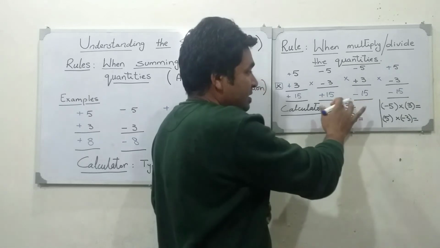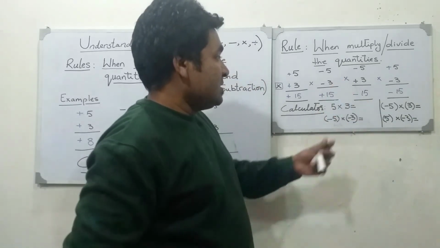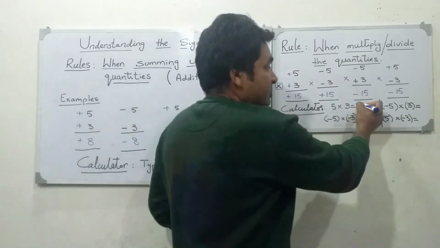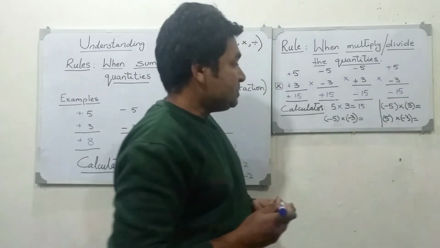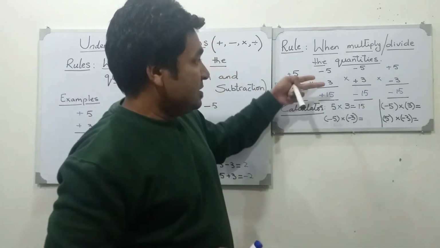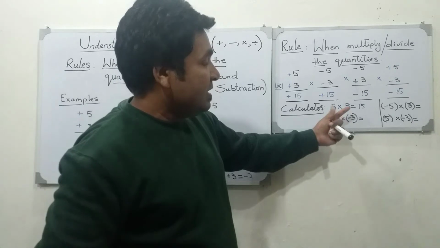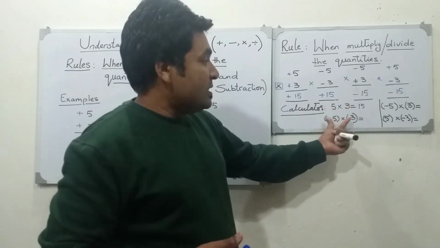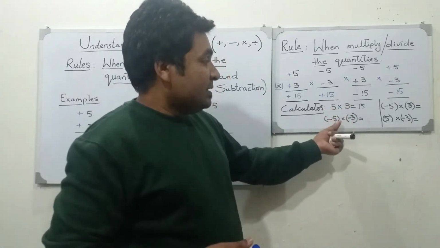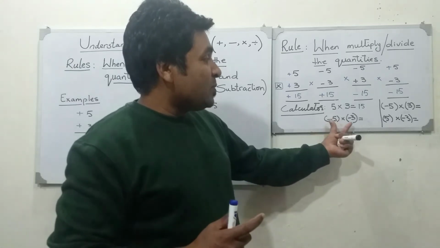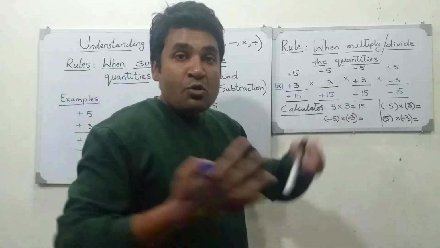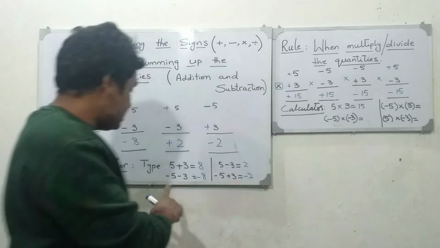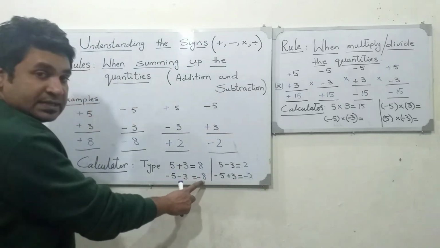It's up to you what you want to use. So 5 times 3 is 15. But when there are other signs, like these were positive, so we write them as they are. But when the quantities are negative, you are not just supposed to type the numbers. They will not automatically multiply. If you just type the numbers, they will give you the answer -8.